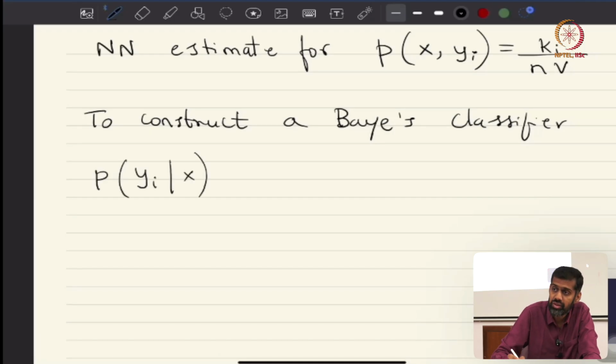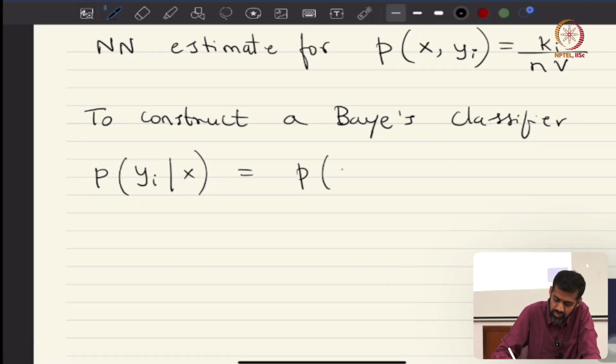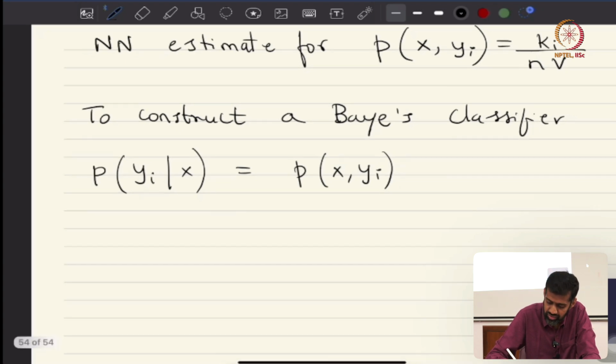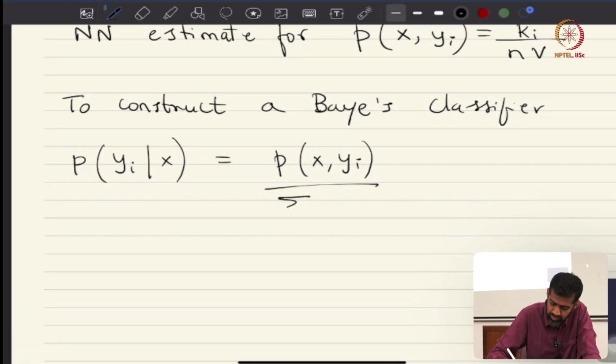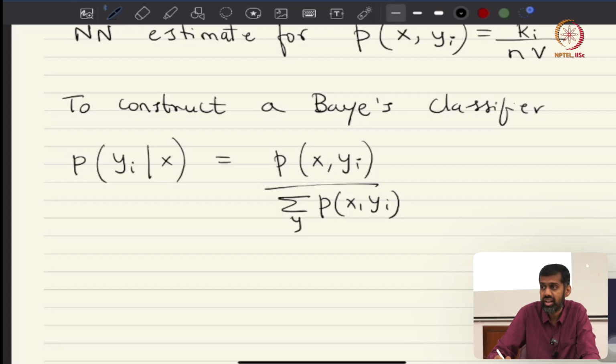What is this equal to? This is the joint density divided by the marginal, no? Correct? Is this correct?